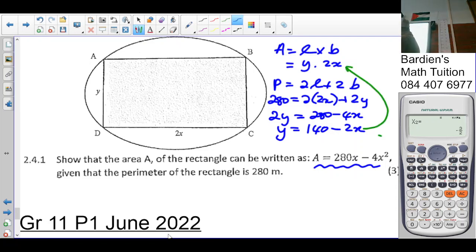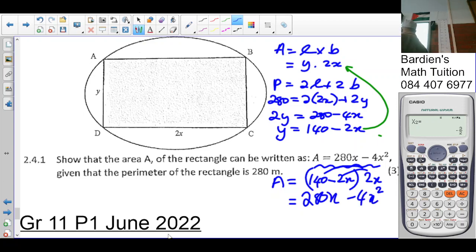So your area is now equal to your y, which is 140 minus 2x, times your breadth, which is 2x. So you multiply out, get rid of the bracket, so it's 280x minus 4x squared, which is exactly what they asked you to prove.